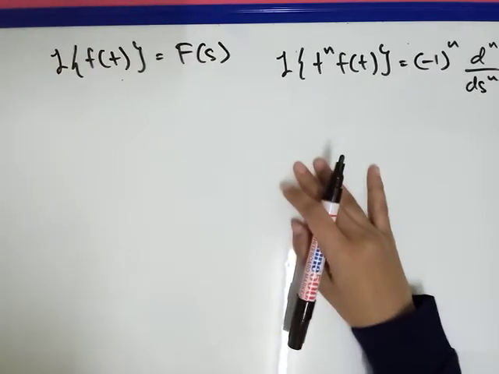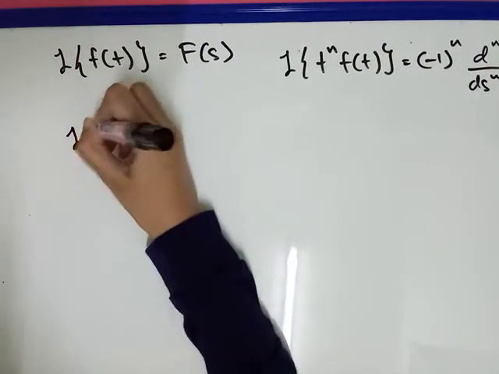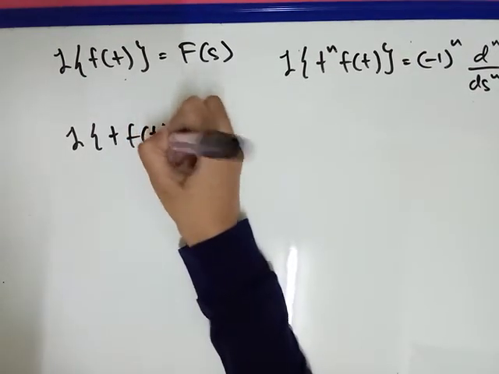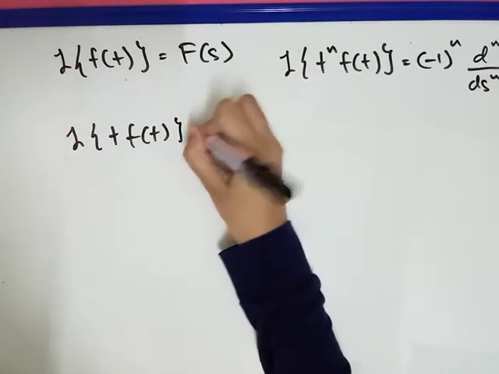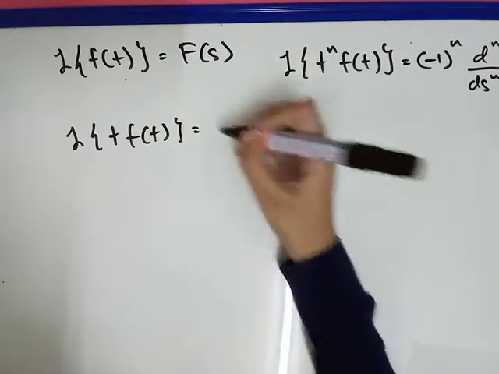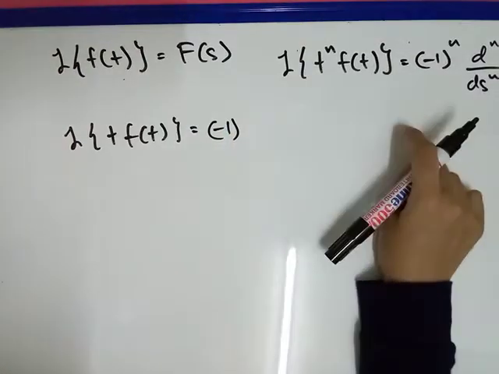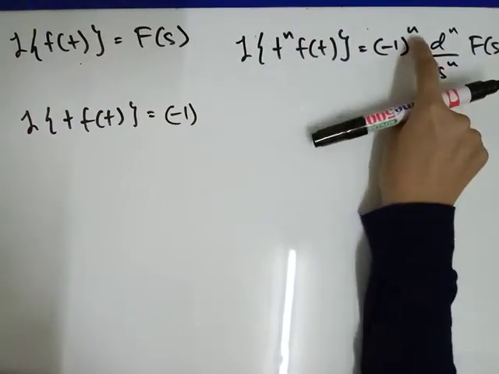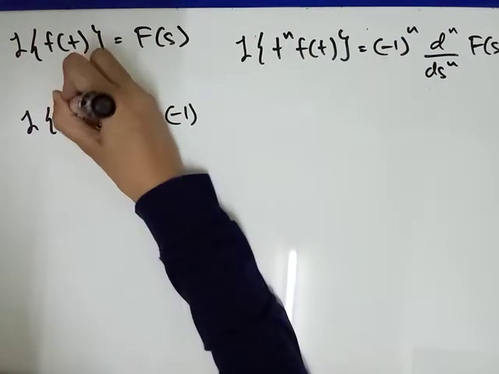Let's say we have the Laplace of t times f(t), t multiplied with function f(t). It is equal to -1 to the power n. What is n? The power of t here is 1.